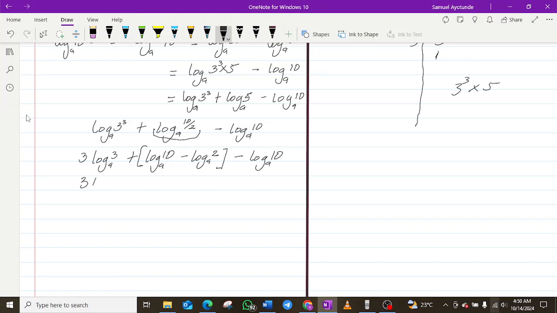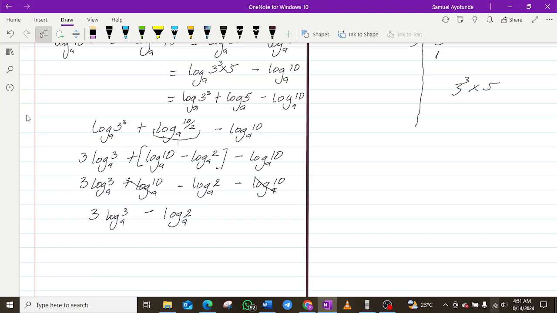So I have 3 log 3 base a plus log 10 base a minus log 2 base a minus log 10 base a. From here, the positive and negative log 10 base a will take each other out. So we then have 3 log 3 base a minus log 2 base a.